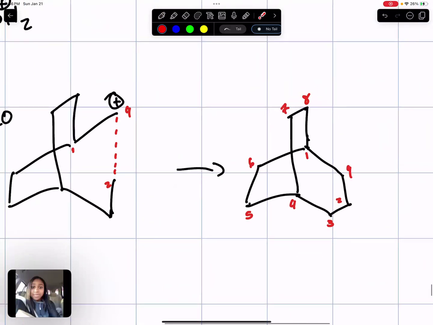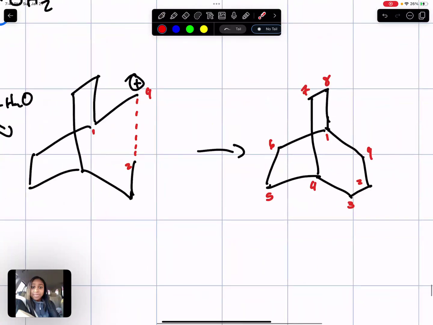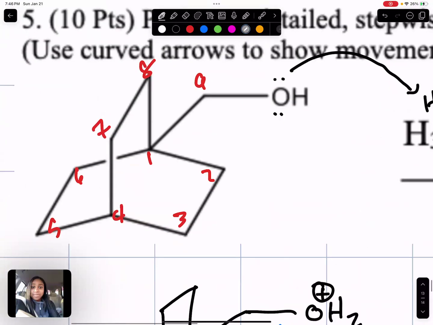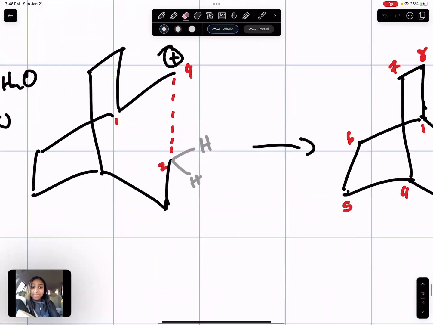Carbon 2? No, carbon 1. Carbon 2 has 2 implied hydrogens. If you look at our original structure, this has 2 implied hydrogens, one endo and the other axial. That still has its original 2 hydrogens.